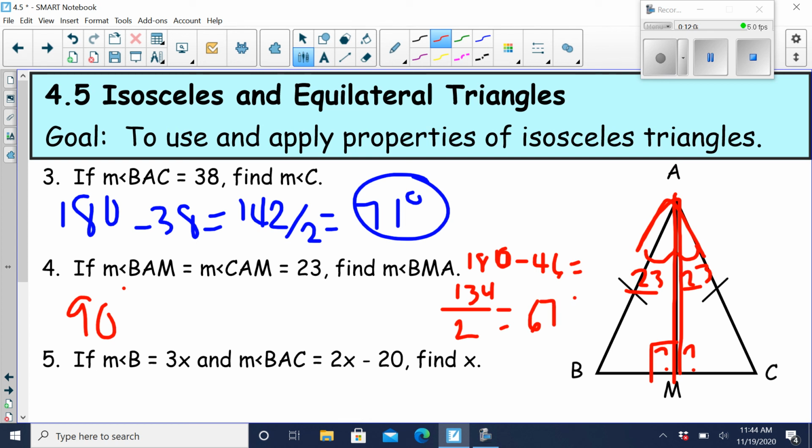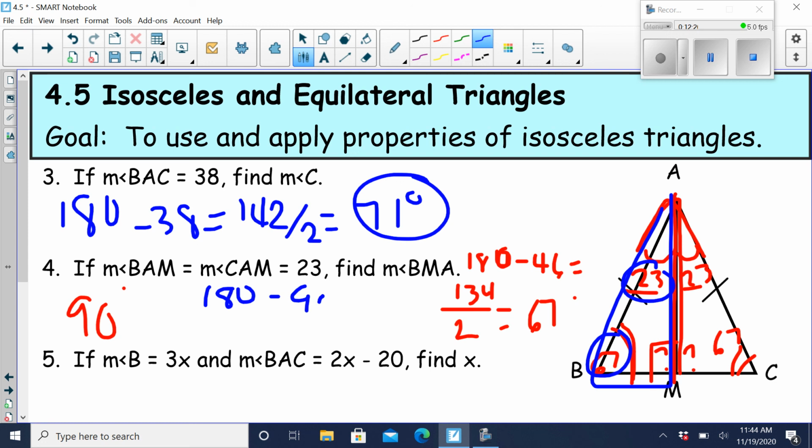What that would mean is that this angle is 67, and this base angle has to be congruent to this base angle, so it would be 67. Then from there, I could split it into this smaller triangle and say, if I take 180 and subtract this 67 and the 23 together, which equal 90, I'm left with 90. So either way, I'm going to get 90 for my answer.